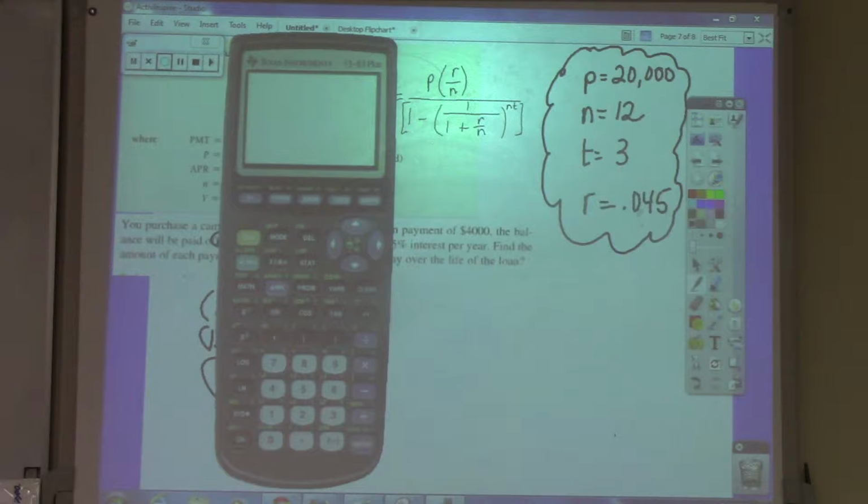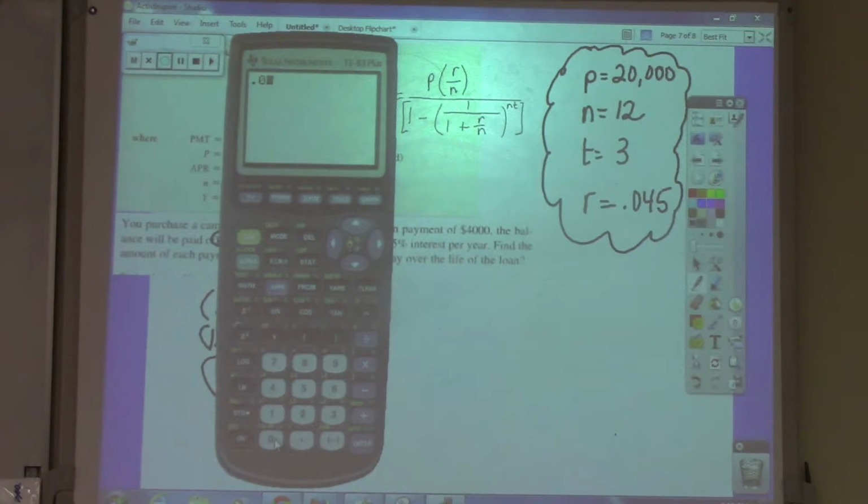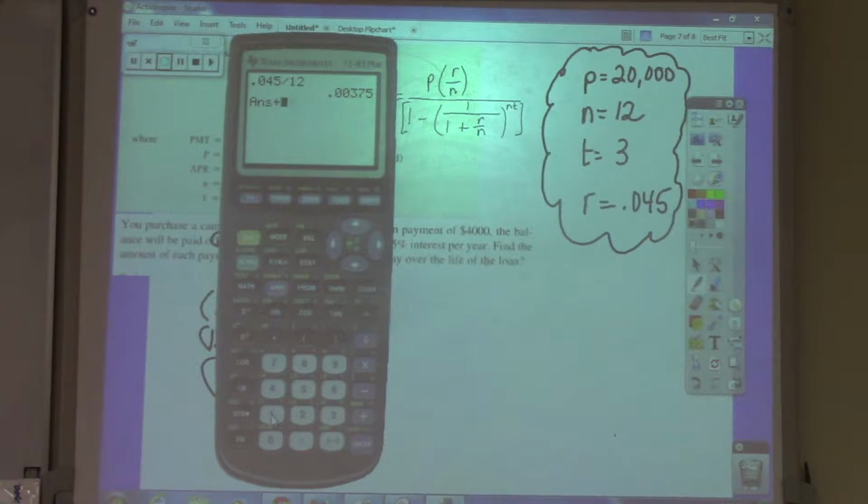So what's R over N? Well, 0.045 over 12. 0.045 divided by 12, and that's equal to that number right there. I'm going to add it to 1. And then I'm going to divide 1 by that number.